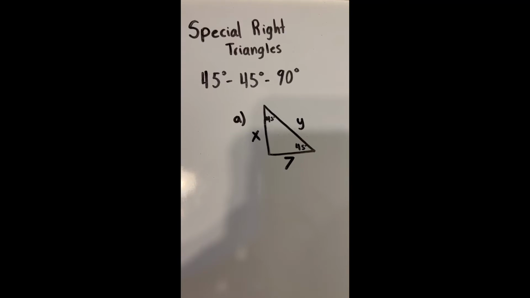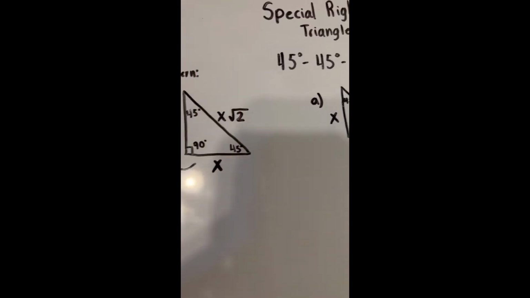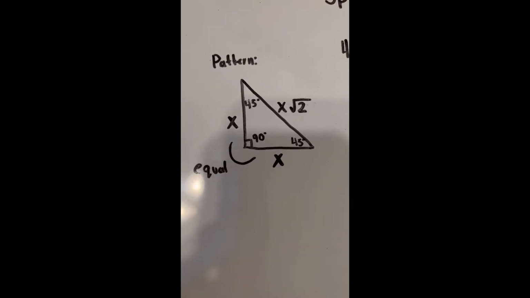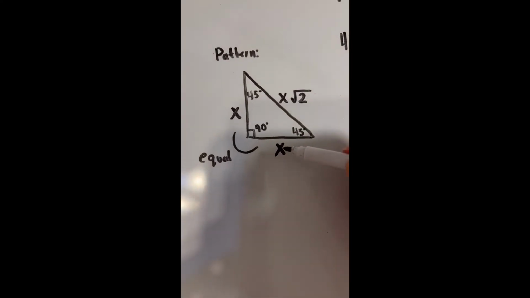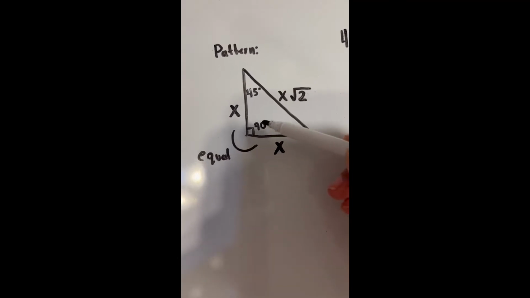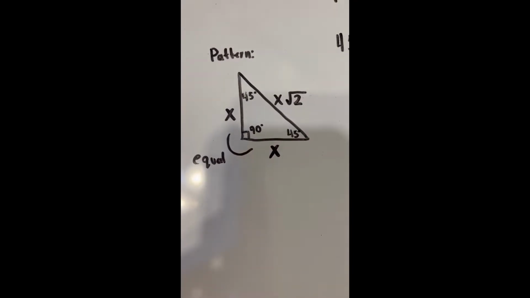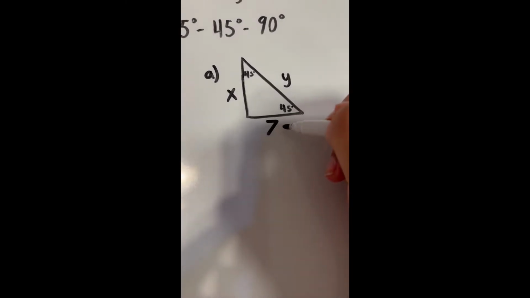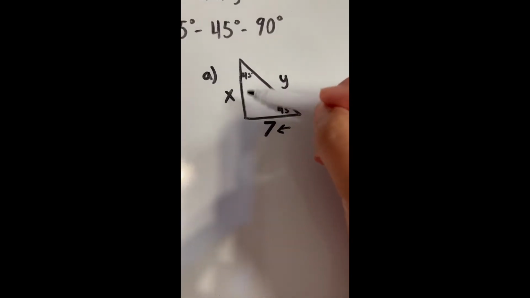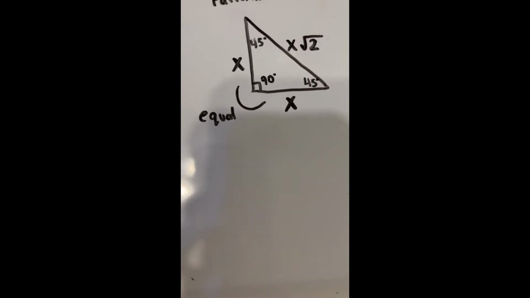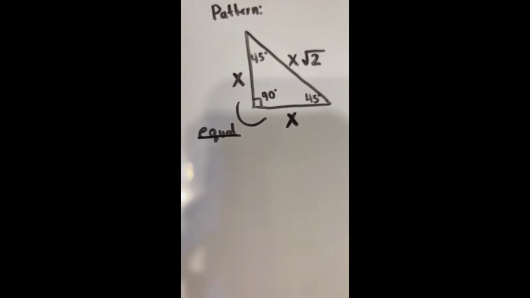In this question, we have a 45-45-90 special right triangle. So again, we're going to look at our pattern, and as we mentioned, both 45 degree angles are going to have the same sides. They're going to be equal, while the one that is across the 90-degree angle will be x square root of 2. So now looking at our question, we can see that we have 7 across from the 45, therefore our other x is going to equal 7 as well, because as stated, our equal angles means we have equal sides.